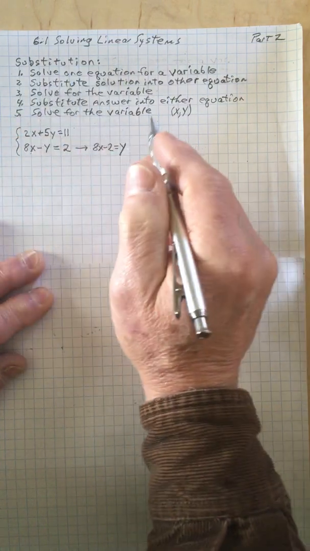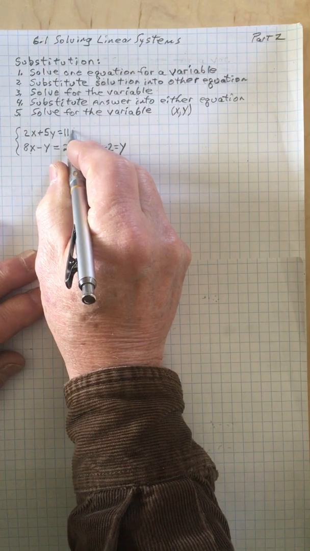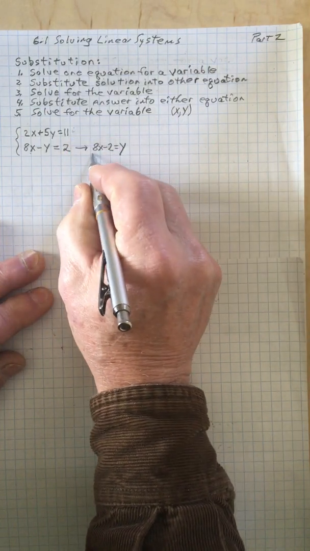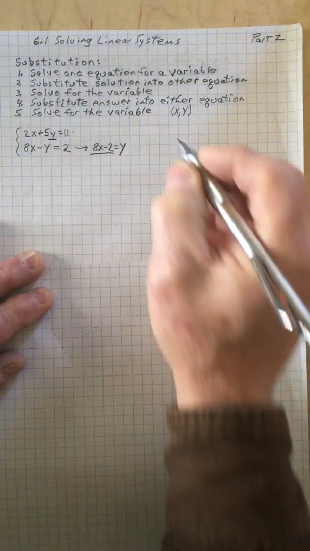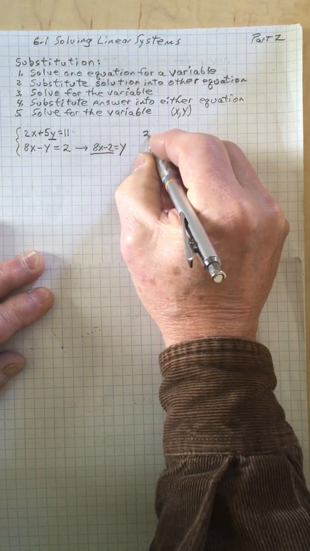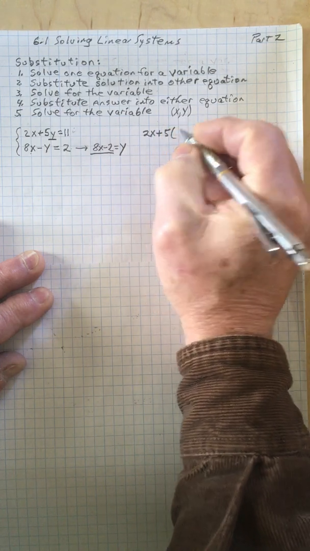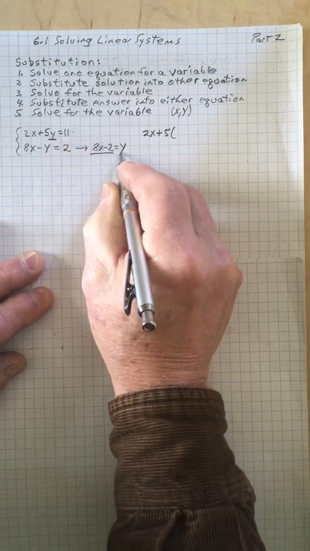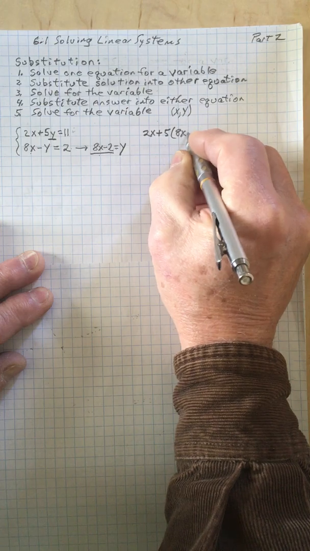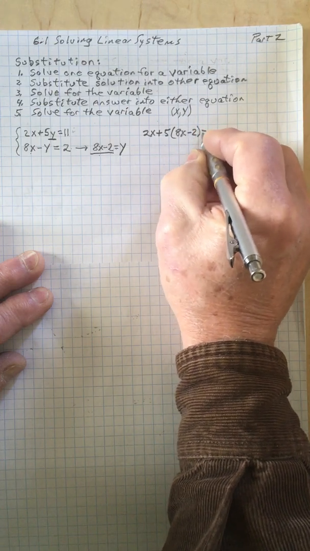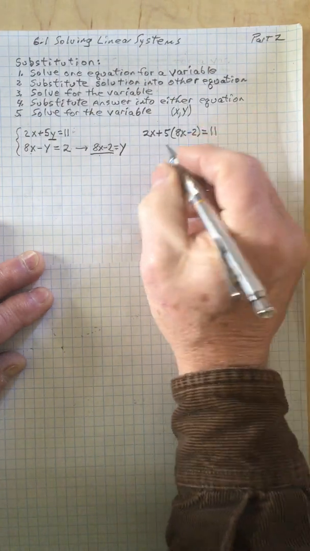Now step 2, in the other equation, which then would be this one, I want to substitute this value right here for y. So I have 2x plus 5 times y, and y is the same as this. Okay, I can solve this for x.